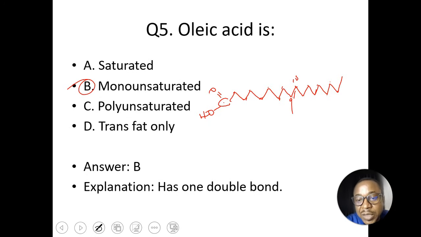So you can say this bond now is trans, but oleic acid is actually a cis kind of bond. This bond now is called a trans double bond. Why?